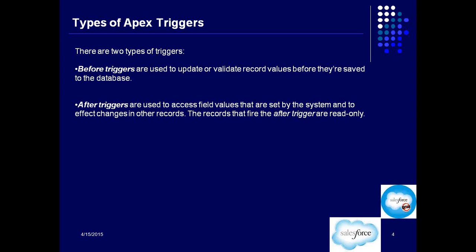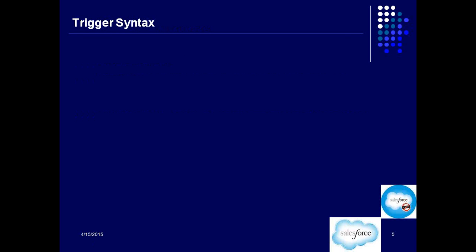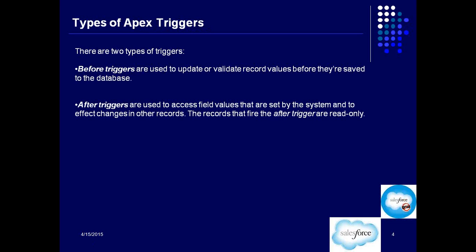The records that fire the after trigger are read only. The record which fired the trigger becomes read only, so you don't make a change on the record which just got saved. It can affect changes on other records, but not on itself. Once we start talking about examples, things will become a little more clear.